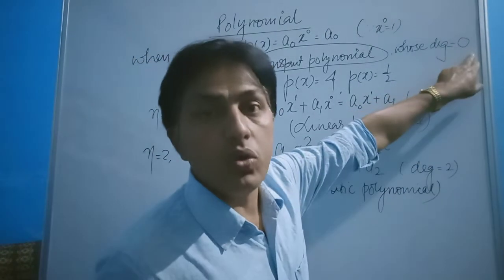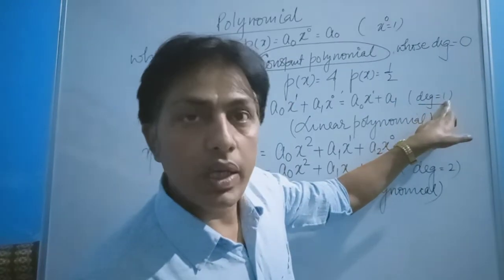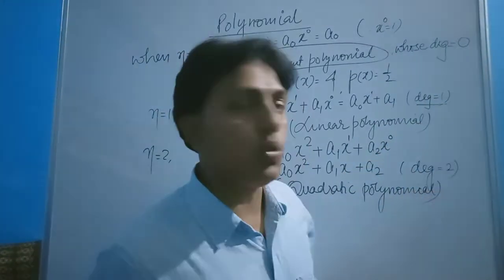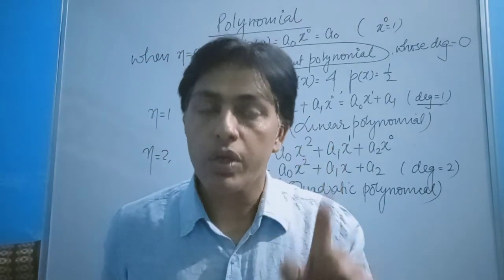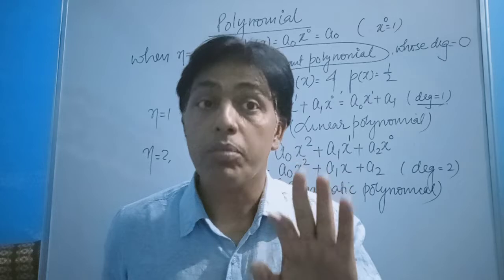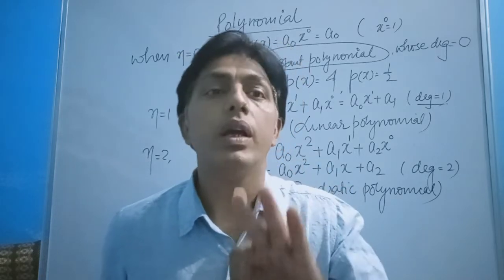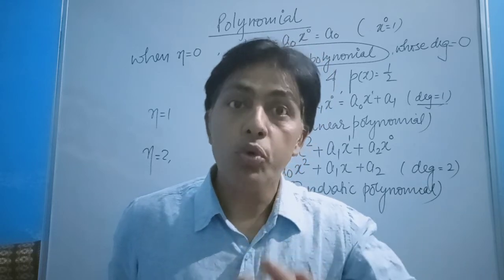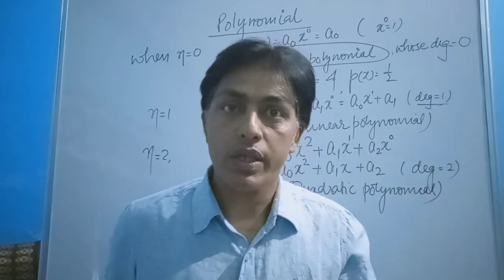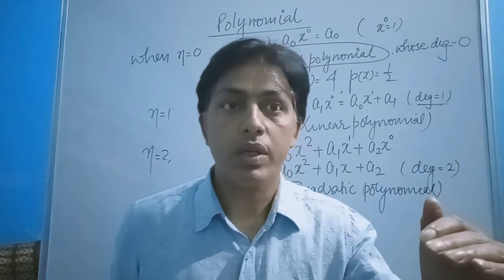So when the degree is 0, constant. When the degree is 1, linear. When the degree is 2, quadratic. When the degree is 3, cubic. When the degree is 4, biquadratic. When the degree is 5, this kind of polynomial will be known by its degree. Till degree 4, we have the specific names.